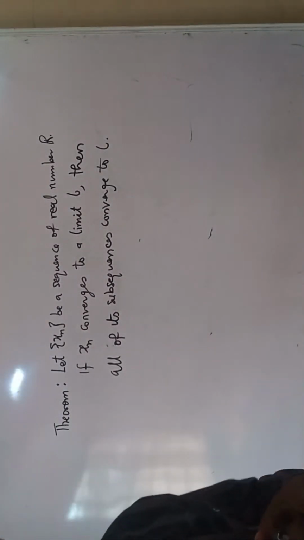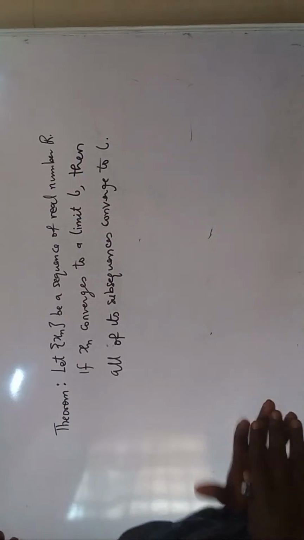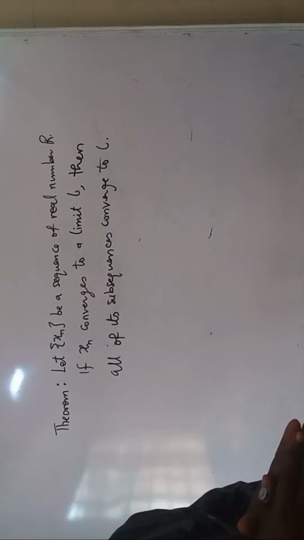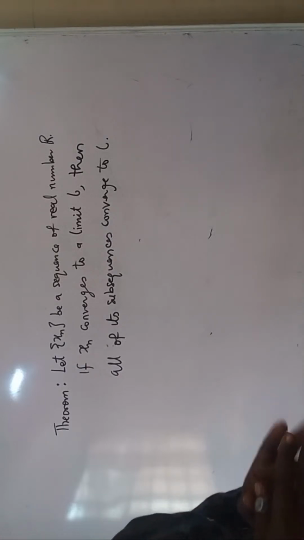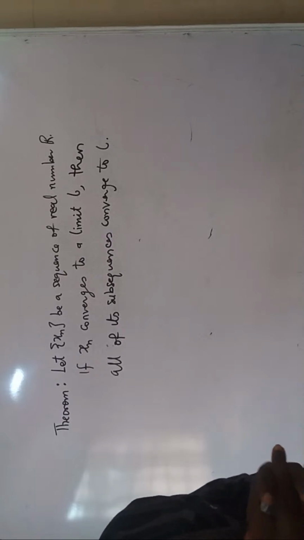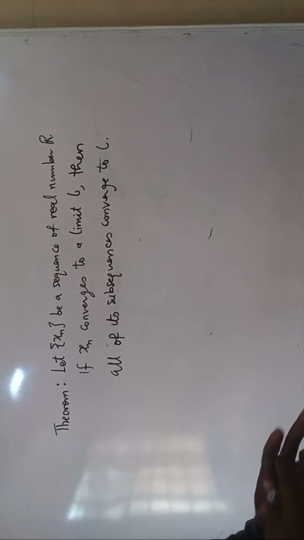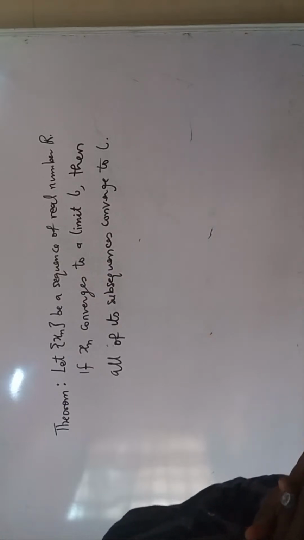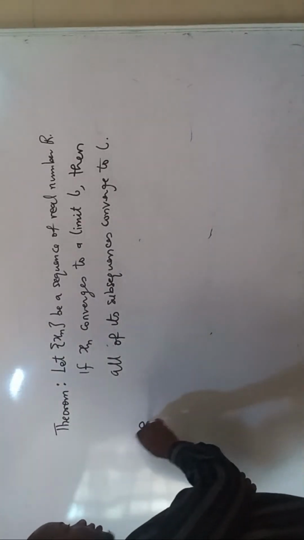So this is a simple illustration of what we have said earlier. If you have a sequence which converges to a particular limit, all of its subsequences also converge to that limit. And the proof of this is not far-fetched. Let us quickly see that proof.